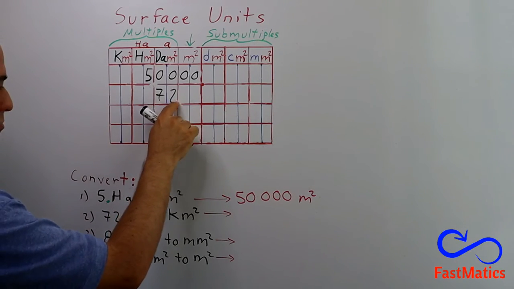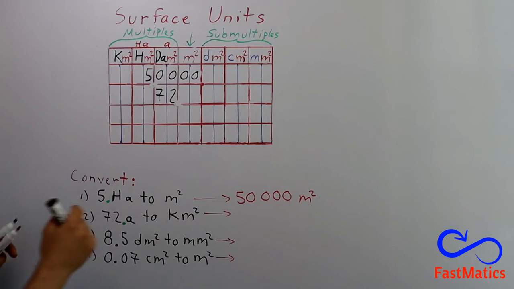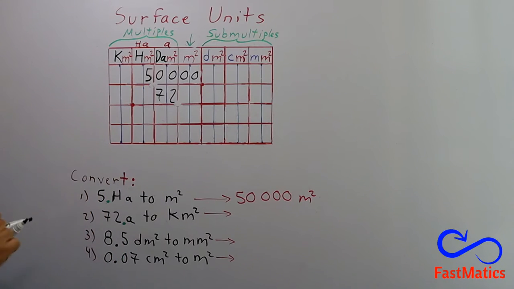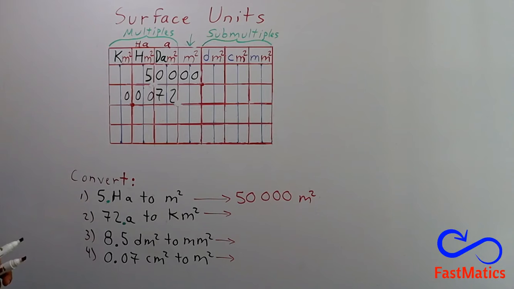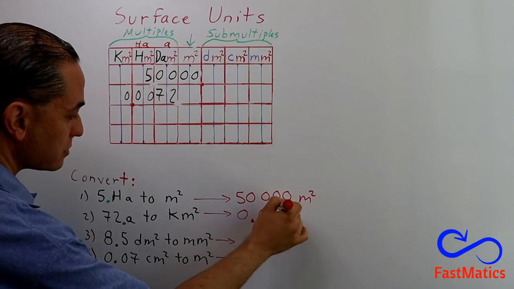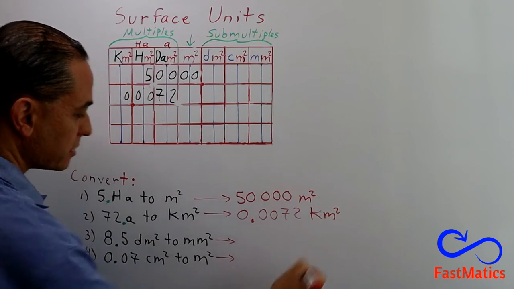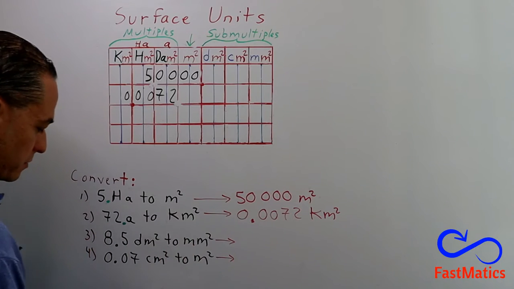Now you erase the decimal point and you go to the end of the kilometers squared abbreviation. So here you put the decimal point and you fill the blanks with zeros. So the answer is 0.0072 kilometers squared.